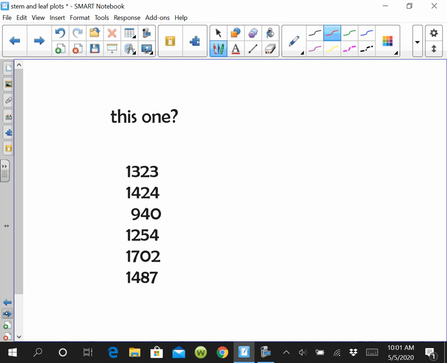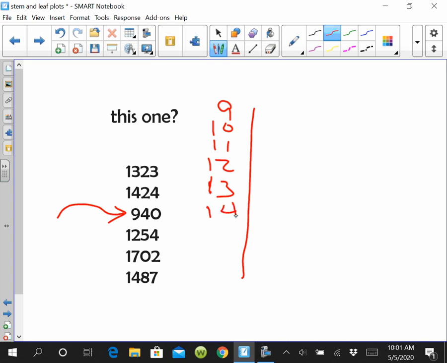So, one last one here. In the stem, oh wow, how would I do this? This is kind of the fly in the ointment there, right? I feel like I'd maybe just go 9, 10, 11, 12, all the way to, how far do I have to go?